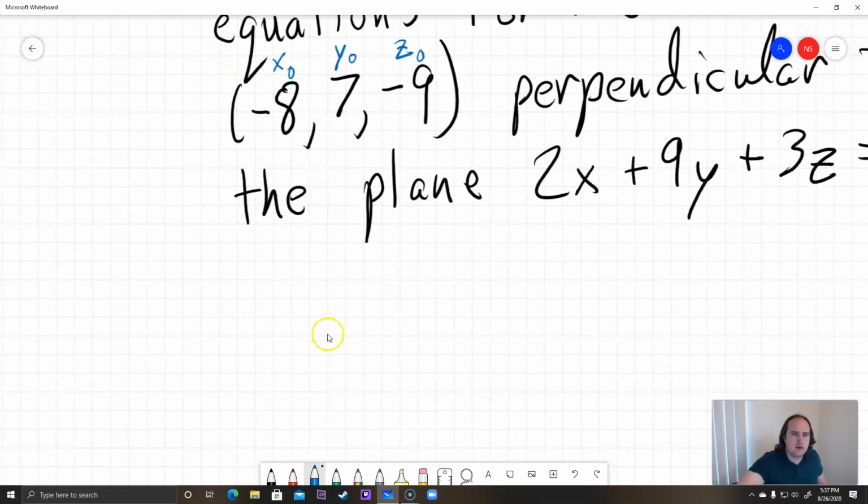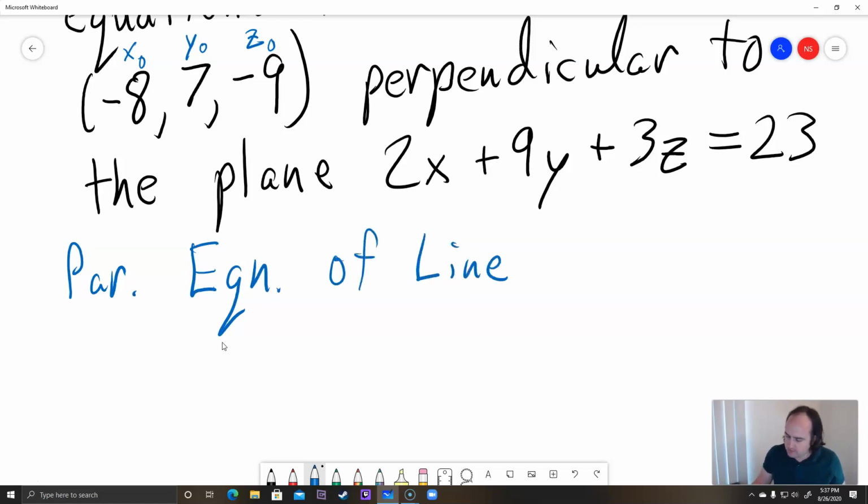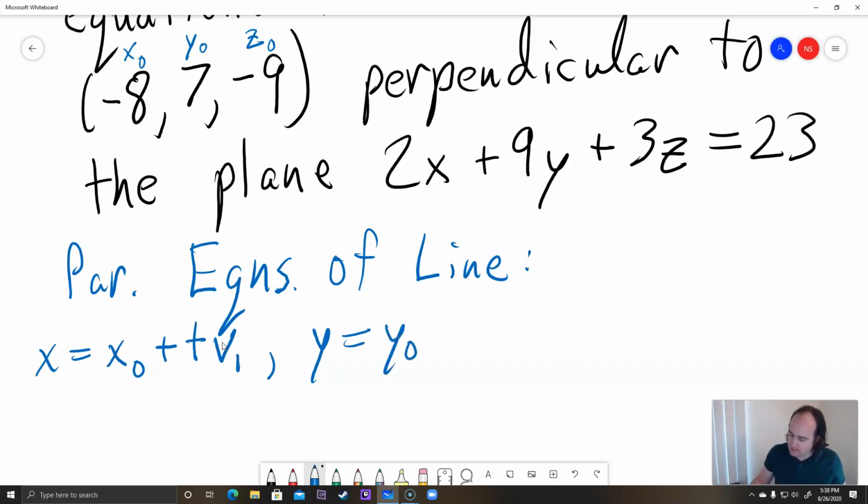And we know that the parametric equations of a line are given by x equals x naught plus tv1, y equals y naught plus tv2, okay, and then z equals z naught plus tv3.